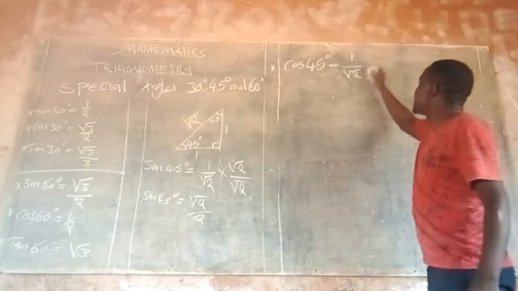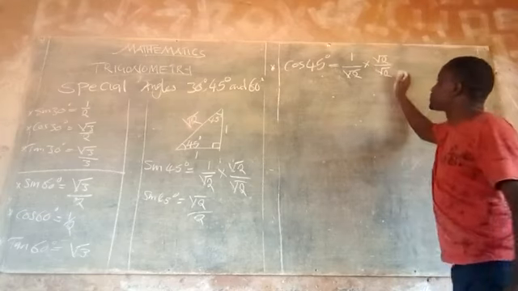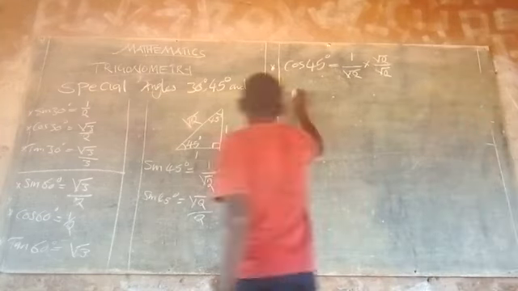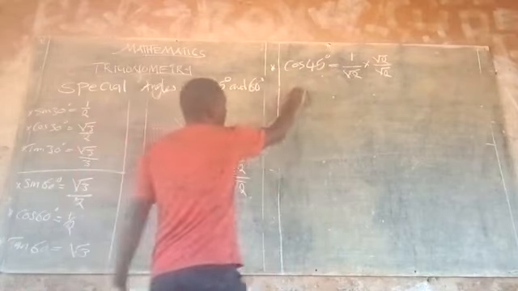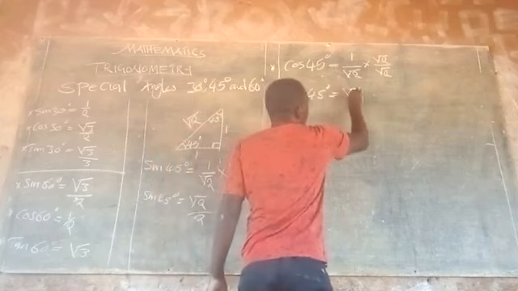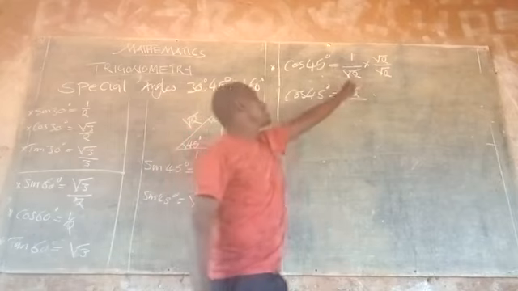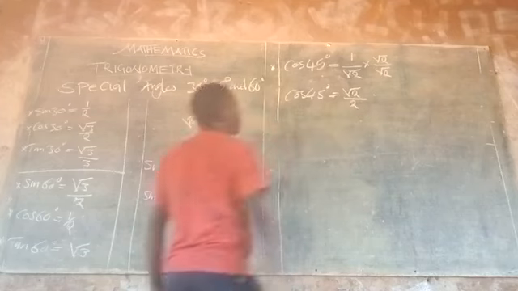We rationalize the denominator, we are going to have root of 2 over root of 2. So 1 times root of 2 is root of 2, divided by root of 2 times root of 2, we get 2.